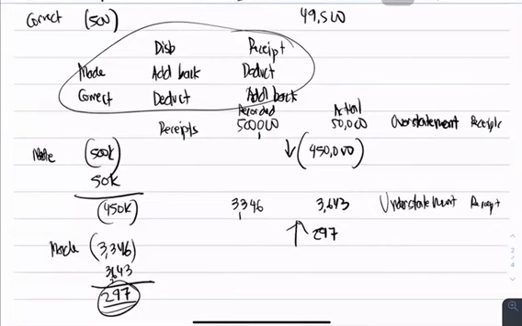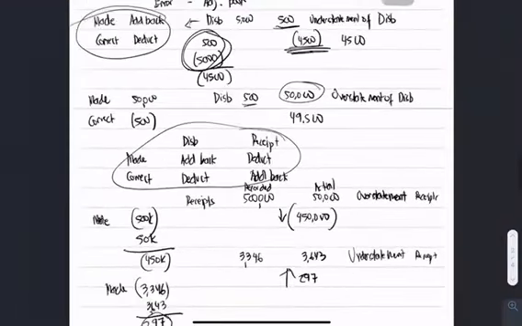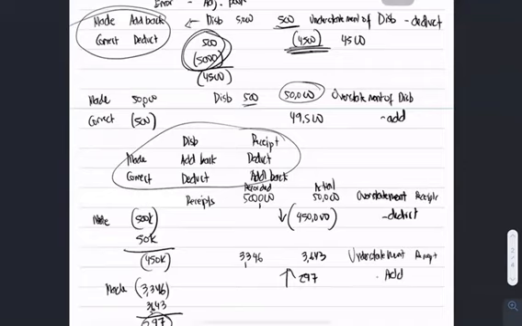Pwede naman ninyong i-memorize na lang: if understatement of disbursement, you need to deduct. If overstatement of disbursement, you need to add. If overstatement of receipt, you need to deduct. If understatement of receipt, you need to add.